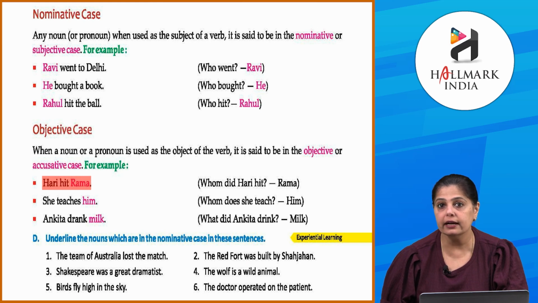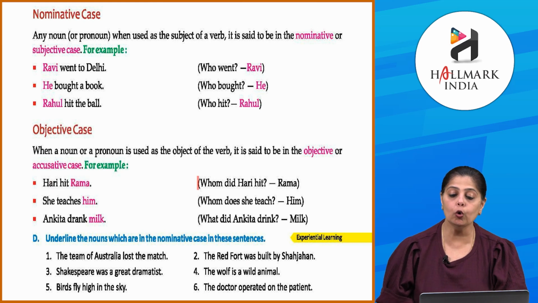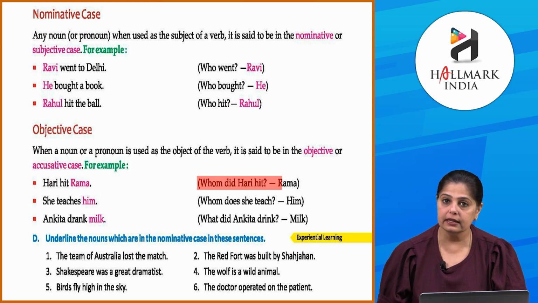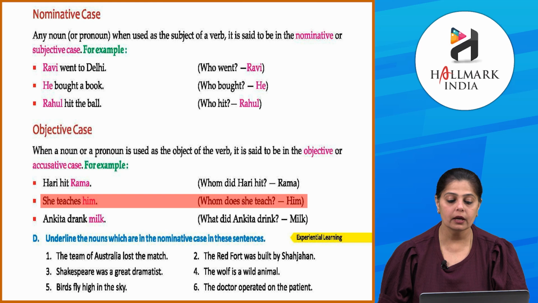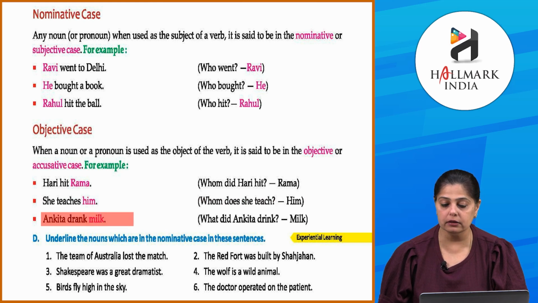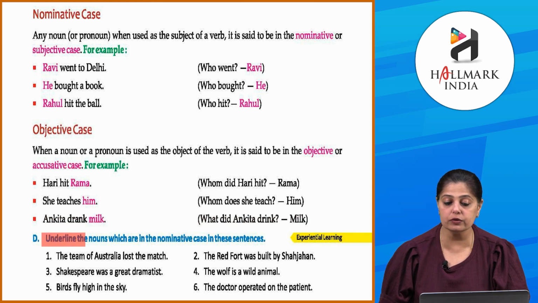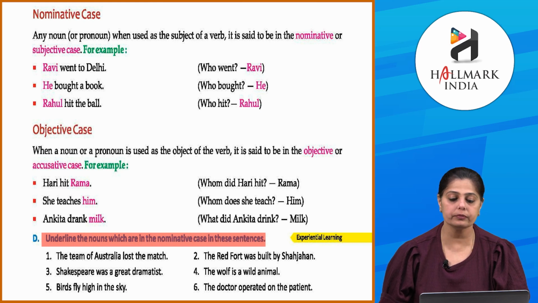Object कौन है? Rama. Hit is the verb. It's the action. Whom did Hari hit? Rama. She teaches him. Whom does she teach? Him. Ankita drank milk. What did Ankita drink? Milk. Clear?